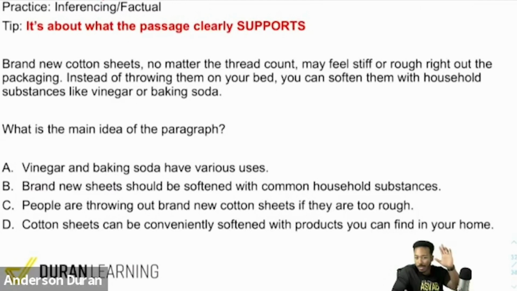Does that make sense, my party people? Reading the question allows you to better understand the information. Perfect. And so that's what we're doing here. So the first step, always, what is the main idea of the paragraph?